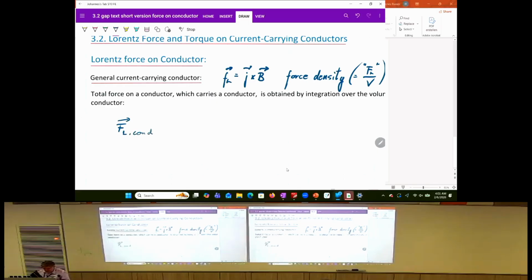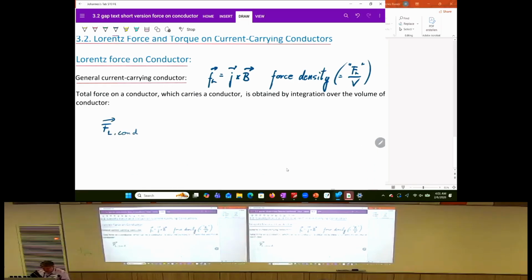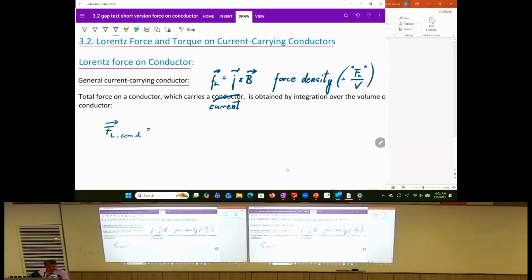So we want to know the total force on a conductor, which carries moving charge. This is obtained by integration over the volume of the conductor. It carries a current, and we integrate over the entire volume the current density as a function of position, and everywhere the cross product with the magnetic flux.